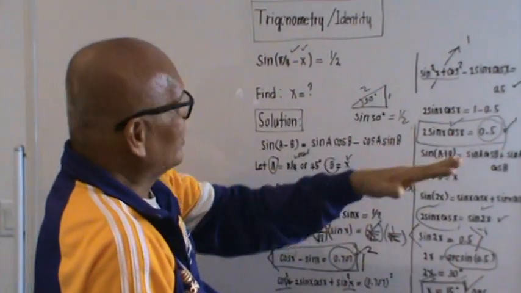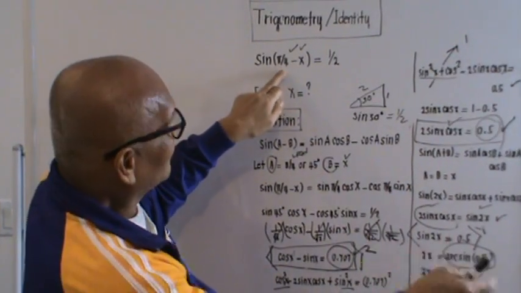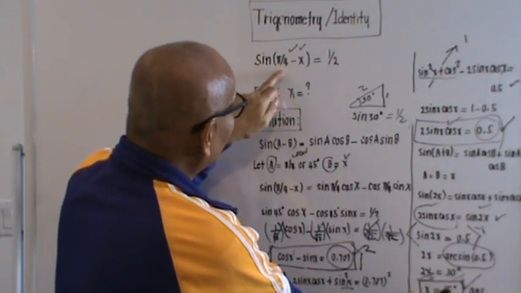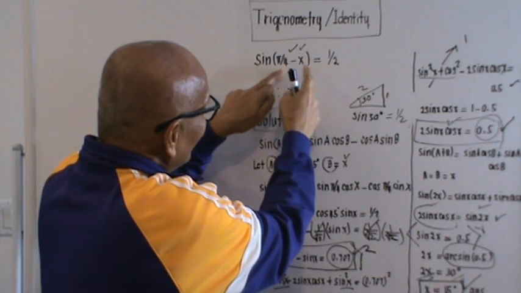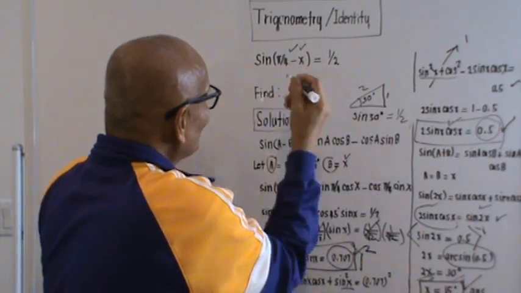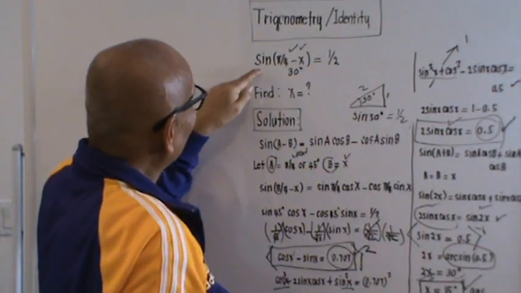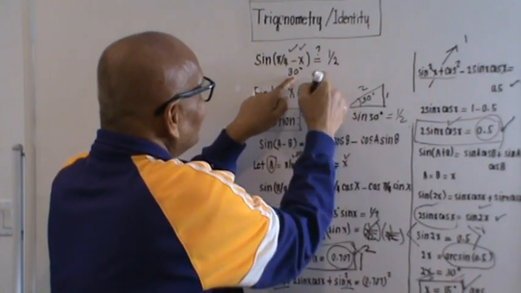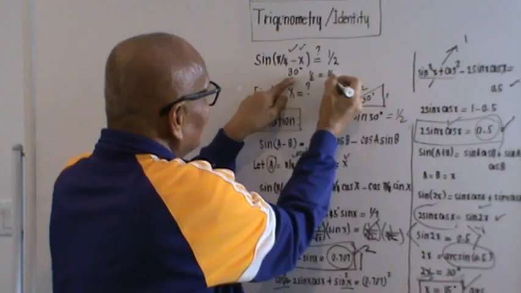We could check it visually. If pi over 4 is 45 degrees minus 15 degrees, okay, so 45 degrees minus 15 degrees is actually 30 degrees, and sine of 30 degrees is equal to 1/2. So actually 1/2 is equal to 1/2.